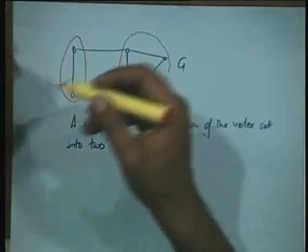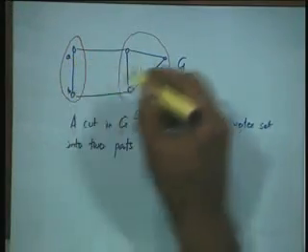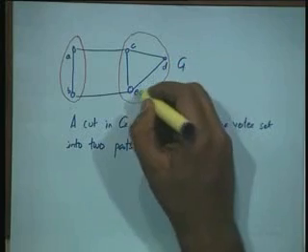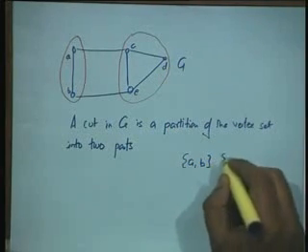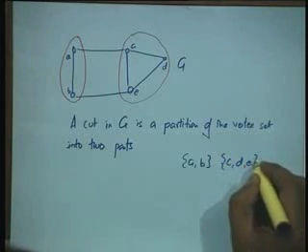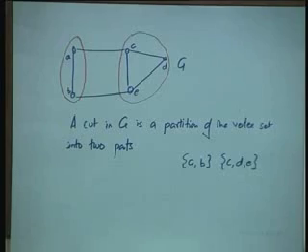If, for instance, I had vertices A, B, C, D, E, then the first cut I am considering is A, B on one side and C, D, E on the other side. There could be many other cuts possible.